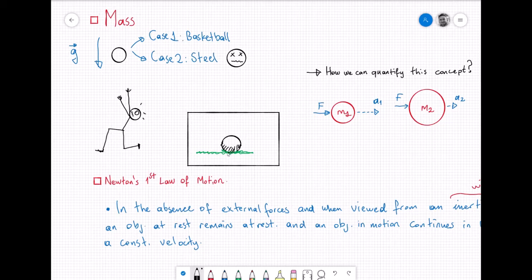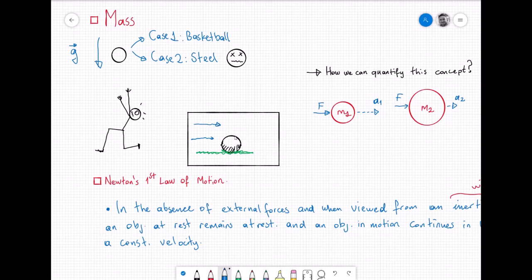Let's consider another example. Let's say a ball is standing still on the ground, and there is a wind blowing over it.